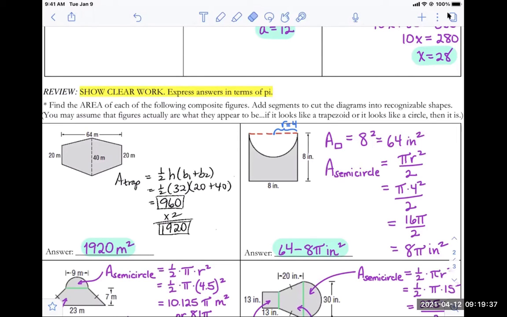And then you're subtracting them. If you want to do the area of the semicircle by just doing pi r squared is 16 pi, and then cut that in half to get 8 pi. I wrote more than you really need to, maybe.